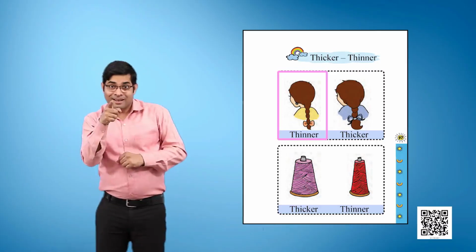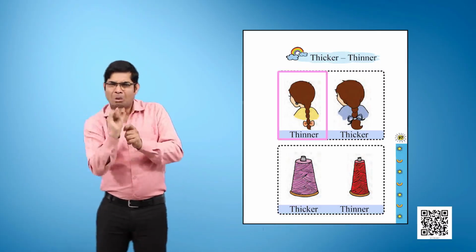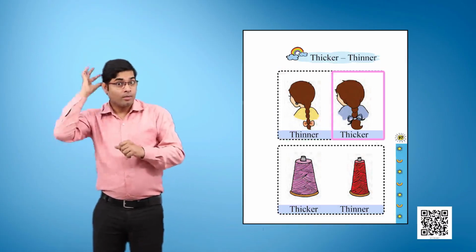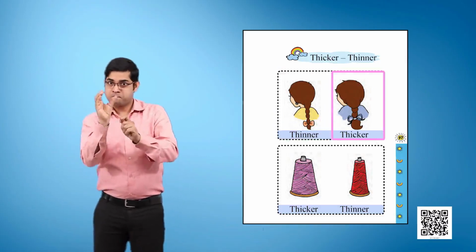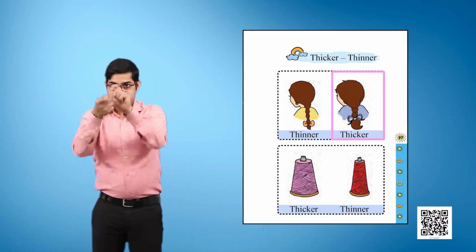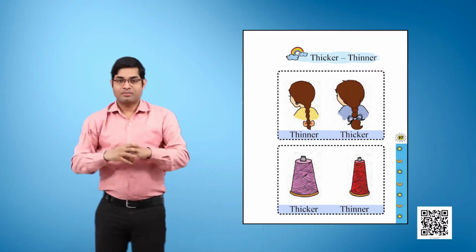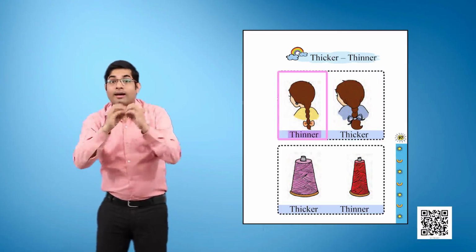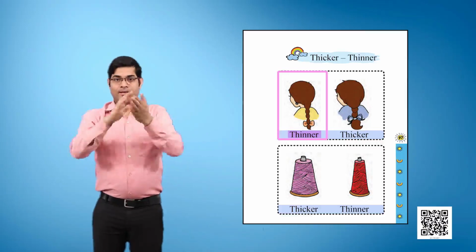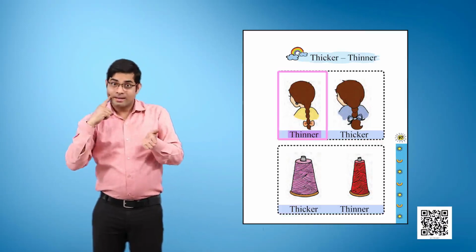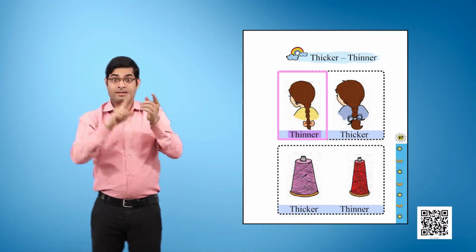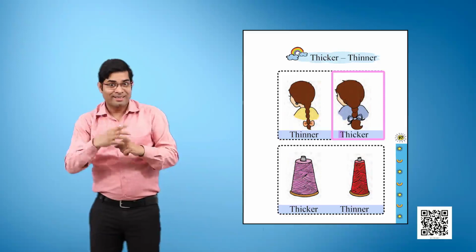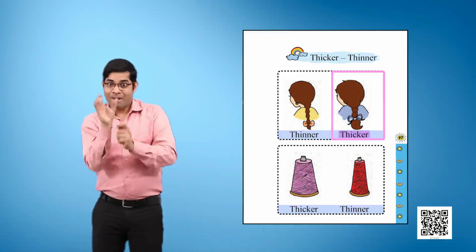Braid of girl 1 is as round as your finger, and braid of girl 2 is as round as your arm. The word thinner is written beneath girl 1 and thicker is written beneath girl 2.